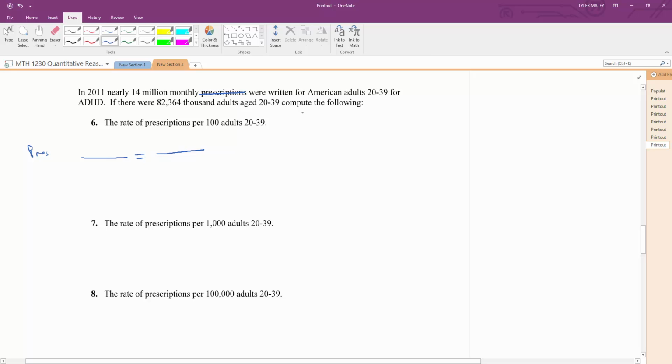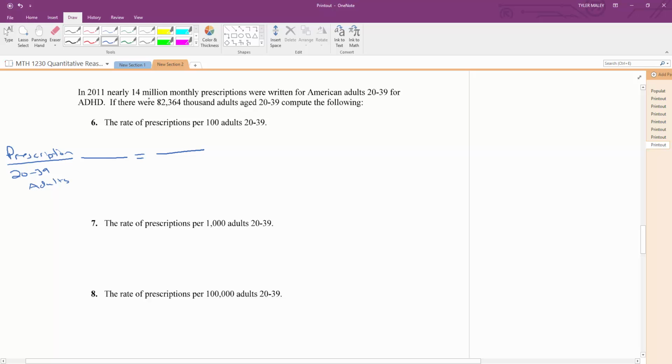Oh no, that's right. It says they were written. Excuse me, I read this wrong. This is not talking about subscriptions to a magazine. This is talking about prescriptions for some medicine, for ADHD. So this is prescriptions compared to total adults, age 20 to 39 adults.